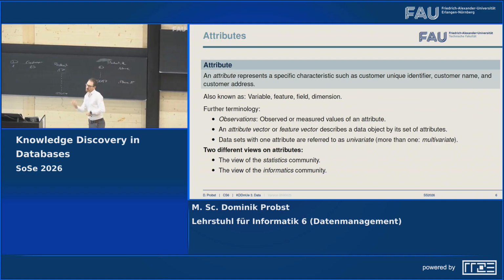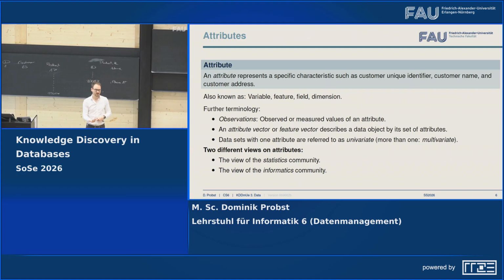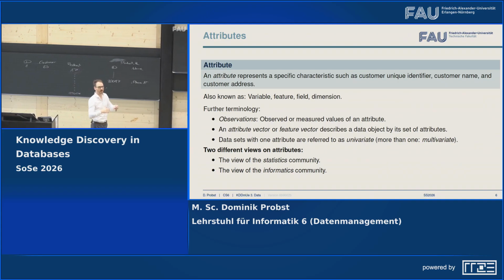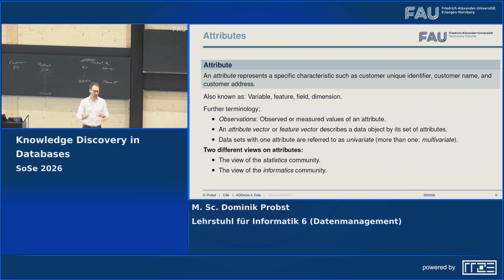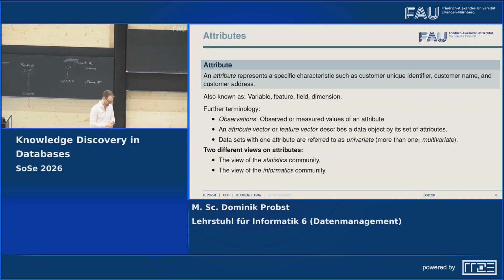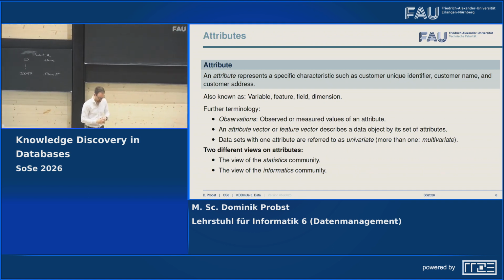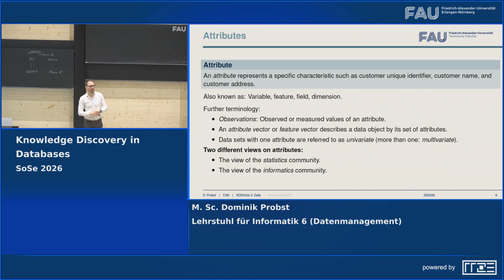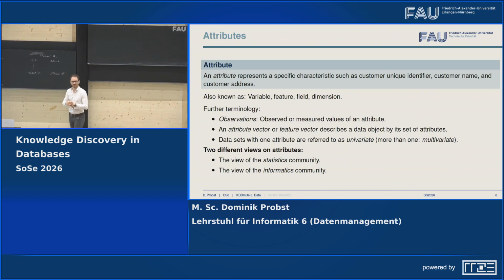For this description of attributes, we have two major different views: a view of the statistics community and a view of the informatics community. One view is more about how these attributes are observed, and one view is more about how these attributes are stored.